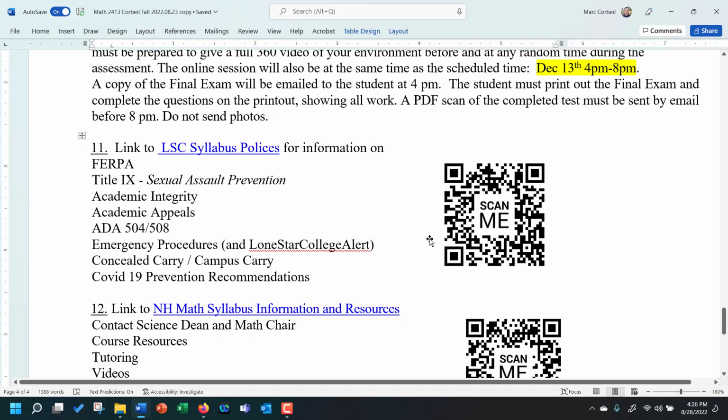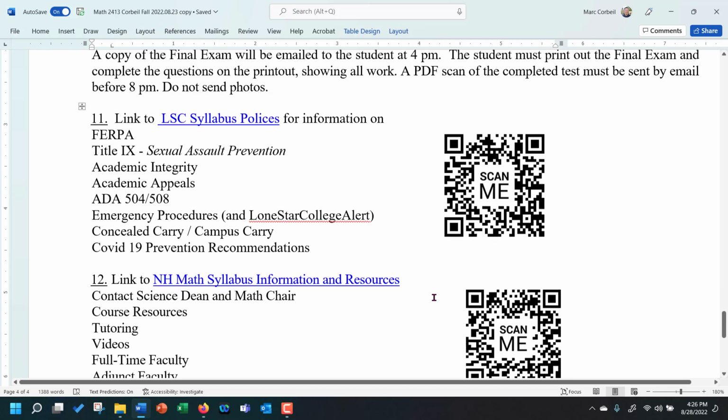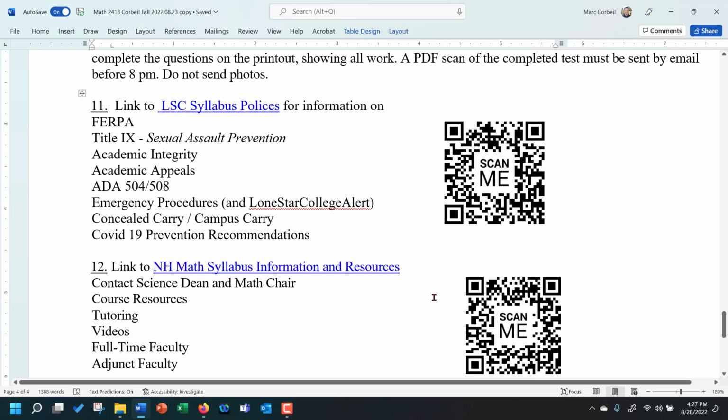These are some links below. I'm not going to talk about them all in detail. Basically, all of the syllabus policy links: FERPA, which is your student privacy, Title IX, academic integrity, academic appeals. Remember, you are responsible for an honorable, honest approach to the classroom.